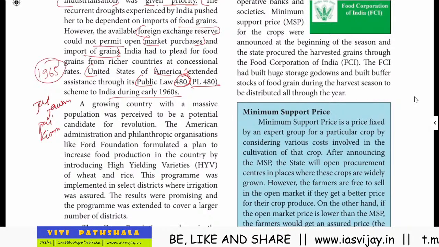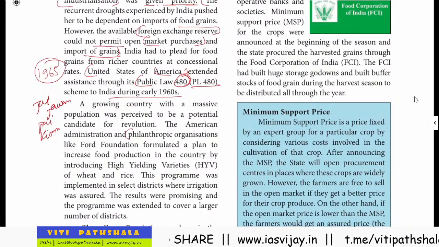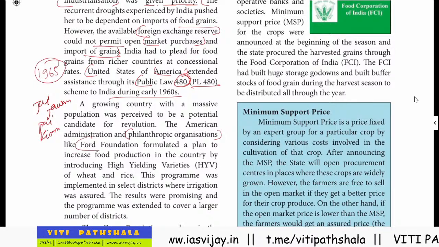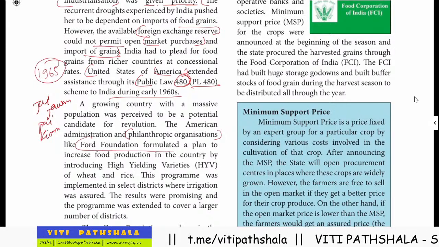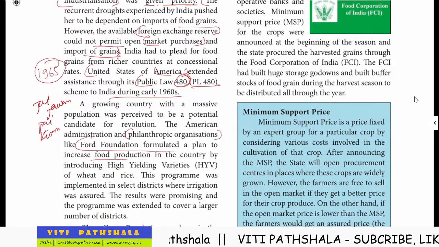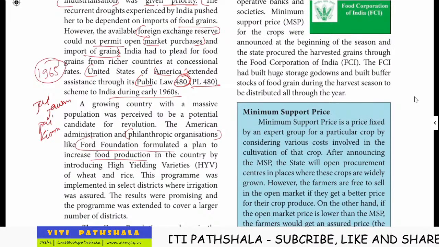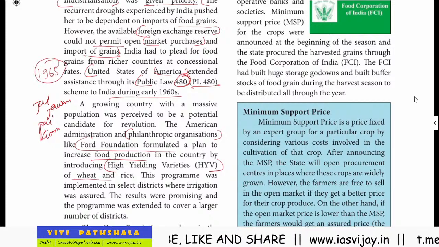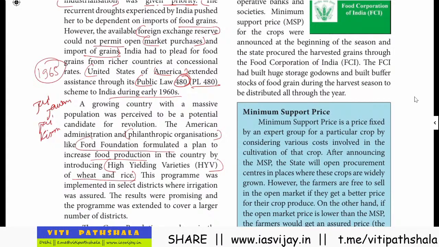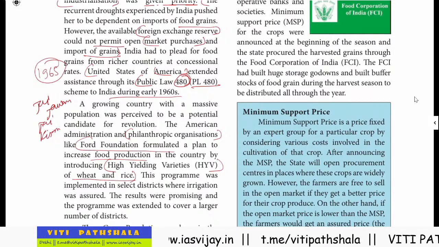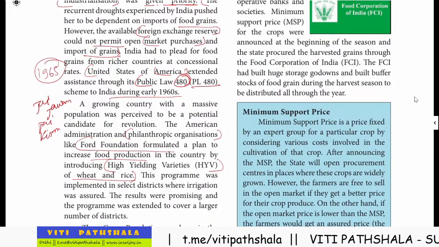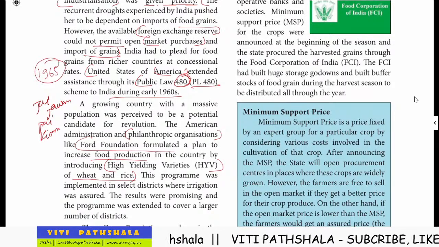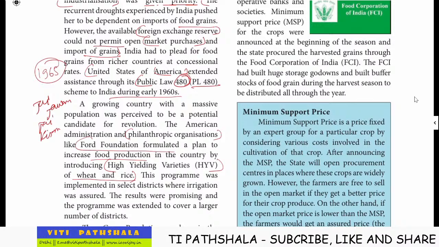Now, the American administration and philanthropic organizations like the Ford Foundation formulated a plan to increase the food production in the country by introducing high yielding varieties of wheat and rice, that is called your green revolution.